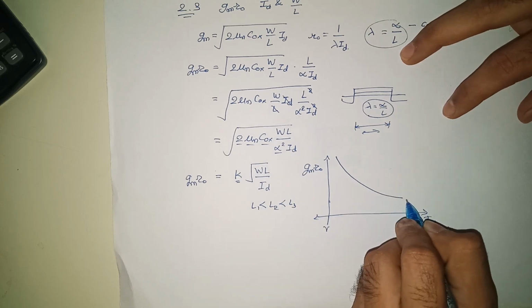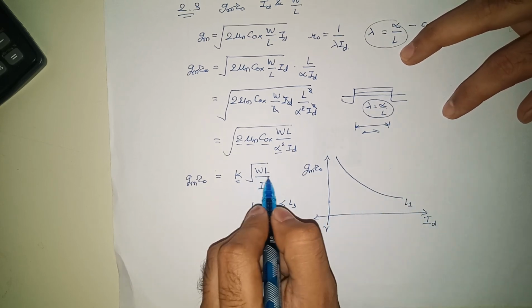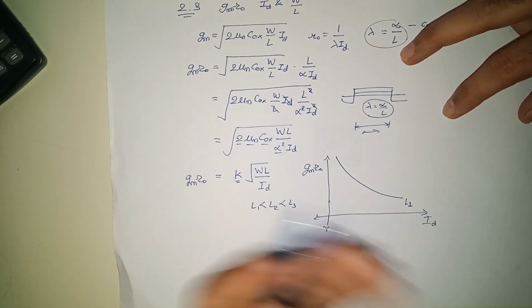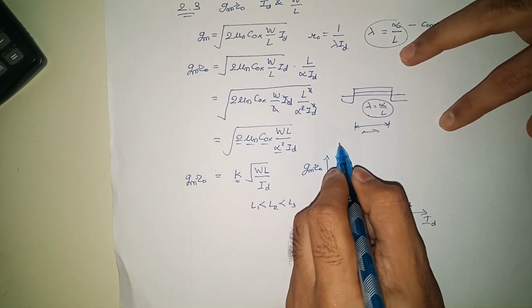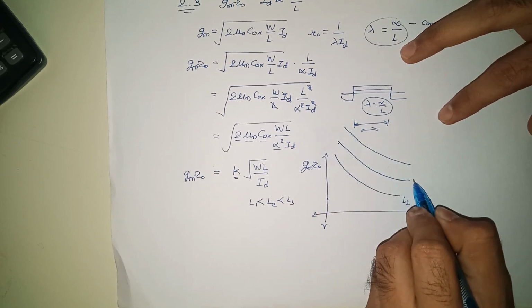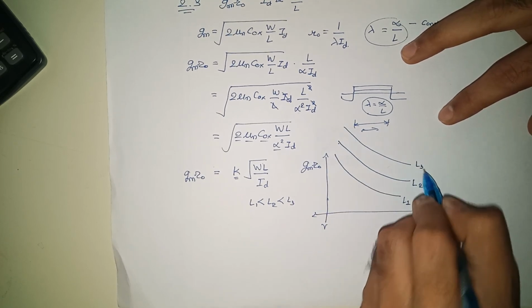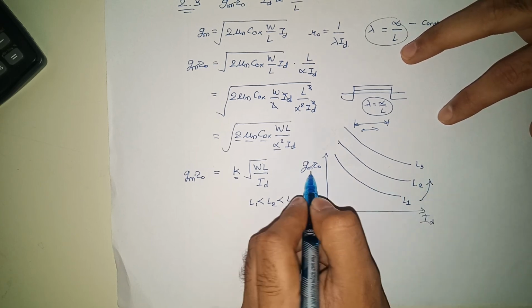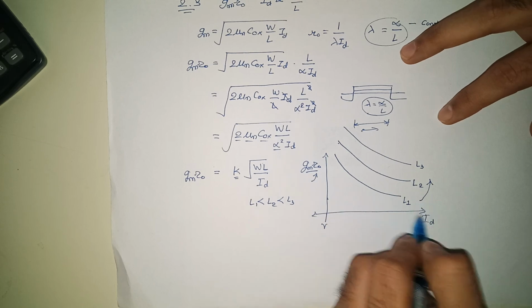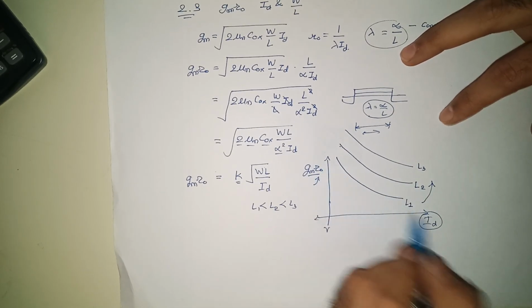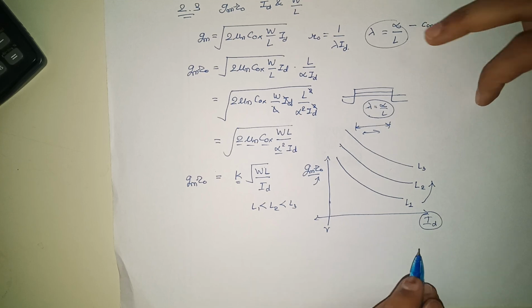If this is for L1, then by this equation, if length is higher, your gm·ro will go up. So it will come like this. This is for L2, this is for L3. If length goes up, your gm·ro goes up, but again with respect to ID, it will follow this pattern to come down.